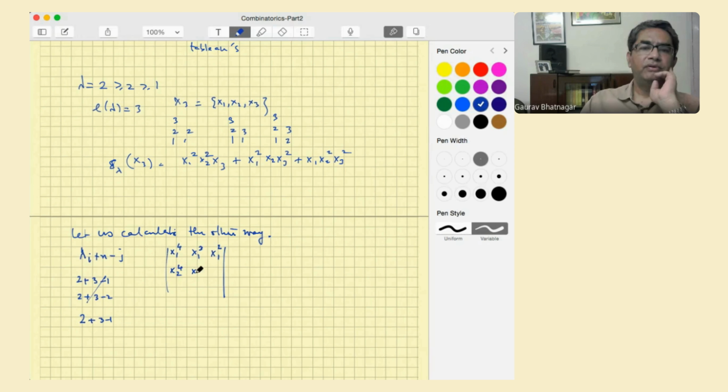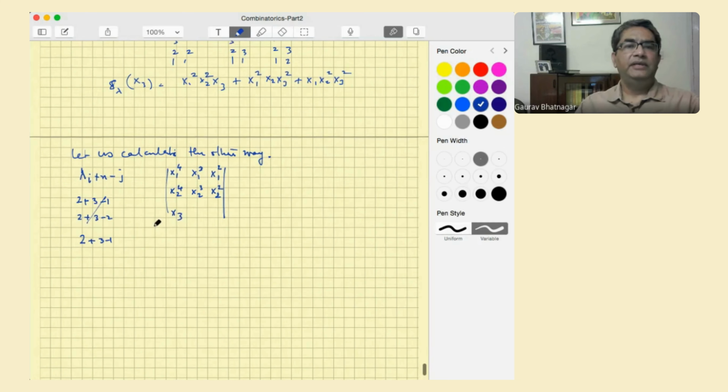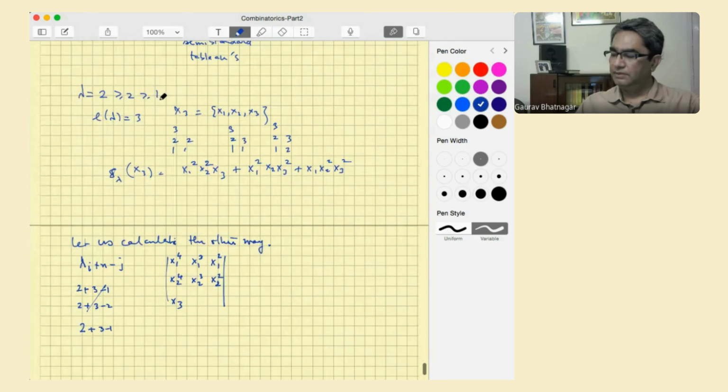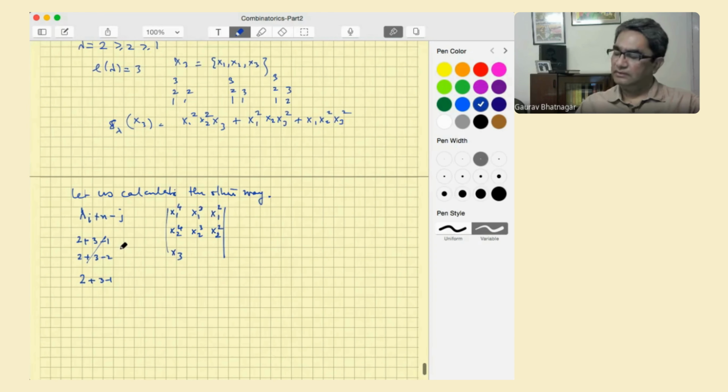So 4, it's 2, 3, it's 2, 2. And then the third one is x3, and for x3 there is a difference. Something 1 plus n minus j, right? 1 plus 2, so 3. x3, 2, and x3, 1.